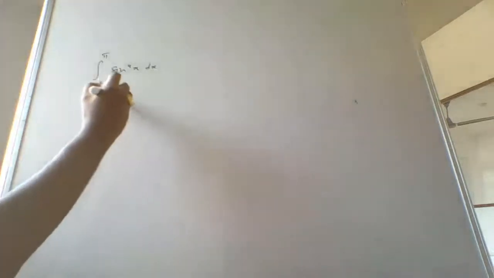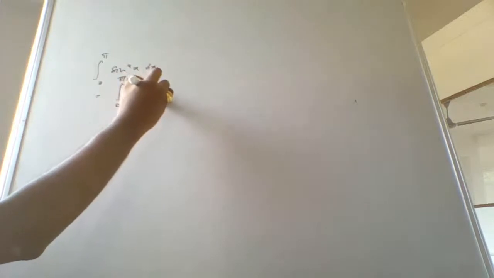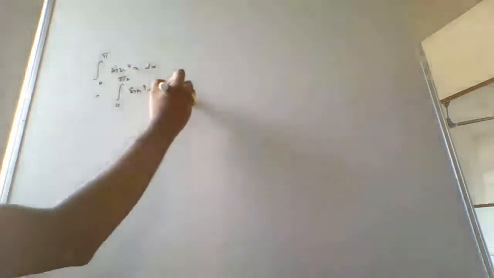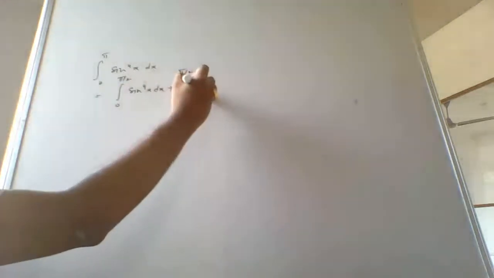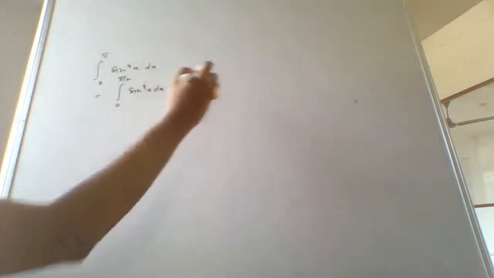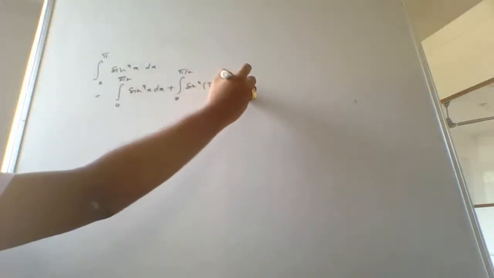Let us try to solve this. Now this can be written as the integral from 0 to pi by 2 of sine power 4 x dx plus the integral from 0 to pi by 2 of sine power 4 of pi minus x.